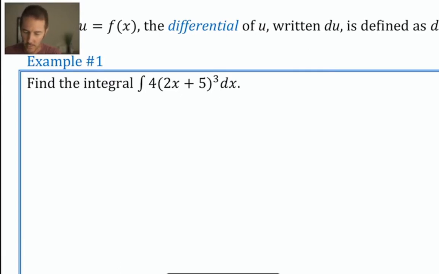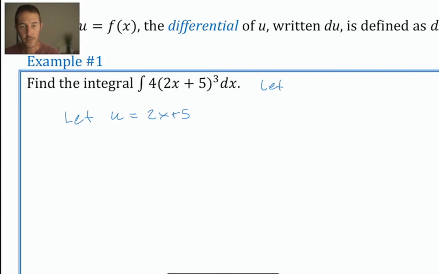So here's the substitution. Maybe I'll write it over here. I'm going to let u equal 2x plus 5.